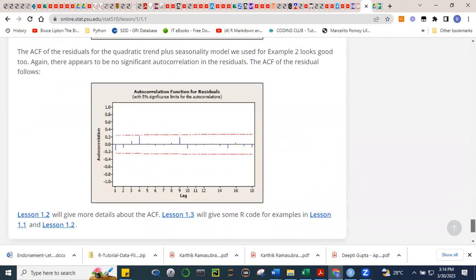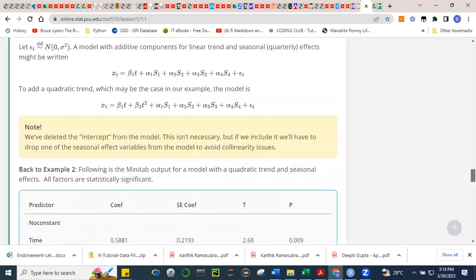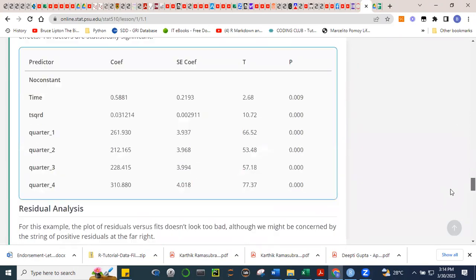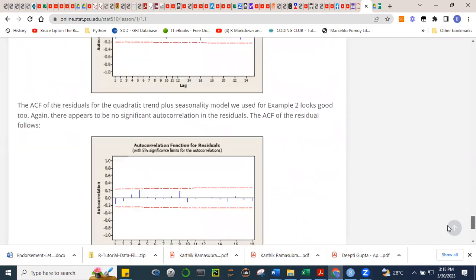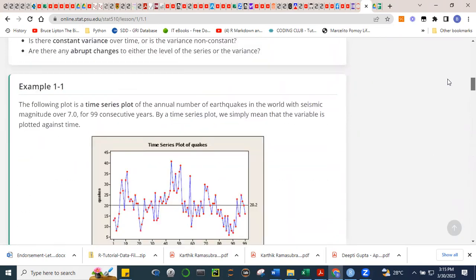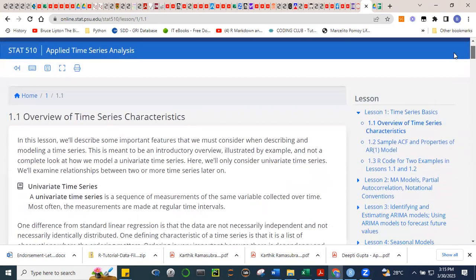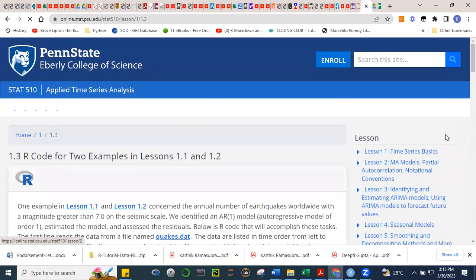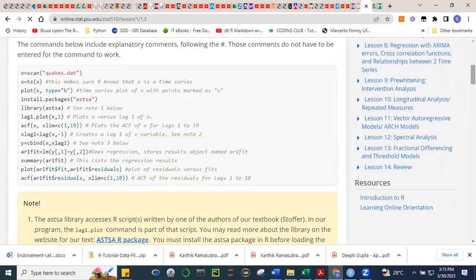This is a full lesson, Lesson 1, and it has R code. It uses R, so you can copy the code and then run it.